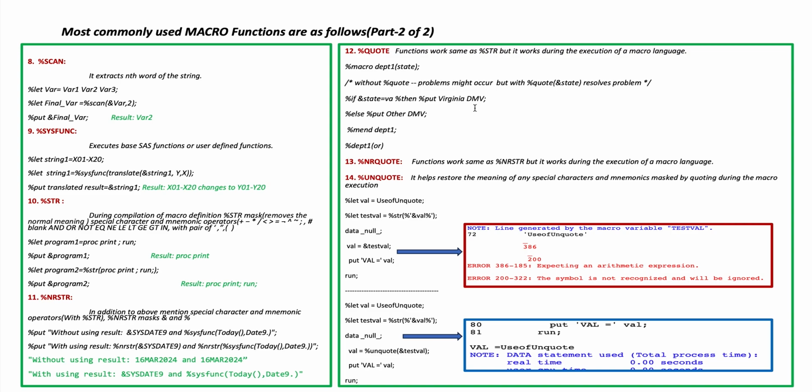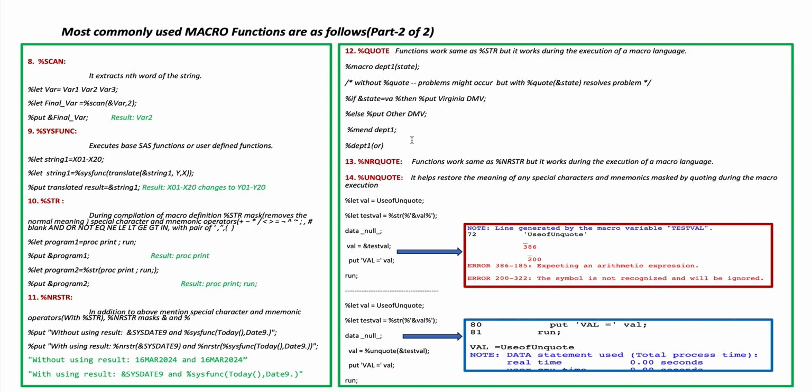In such a scenario, we have to use %quote with &state, so that it will assume that this OR is not a logical operator, OR is a string. That means the OR represents the Oregon string value. Then by using %quote, it will resolve our problem.